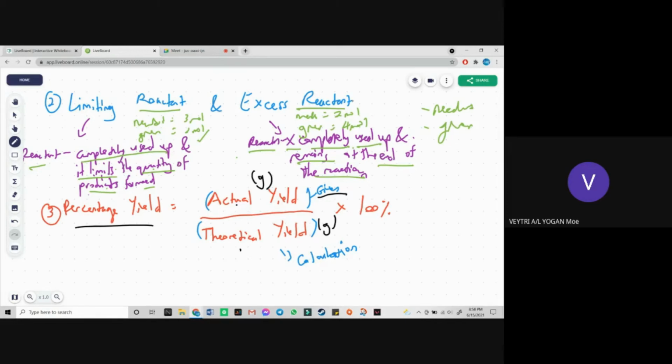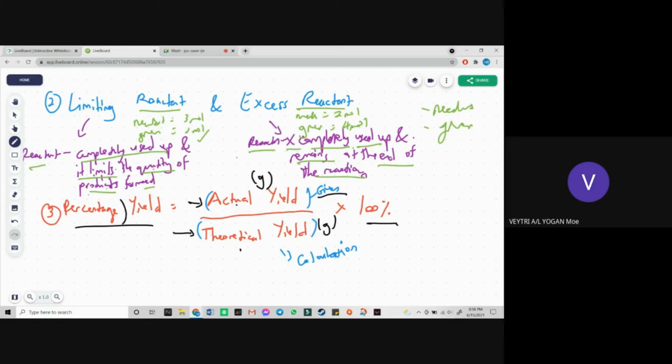Okay. Theoretical yield macam mana nak cari? Theoretical yield adalah the equation that you're going to do, the calculation of number of moles that you're going to do, the mass that you're going to find, the limiting reactant, excess reactant that you're going to find. That is the calculation. So, yang you buat calculation tu panjang-panjang is going to be over here. Atas adalah yang diberi dalam soalan. They will give you the actual yield. Darab 100%.